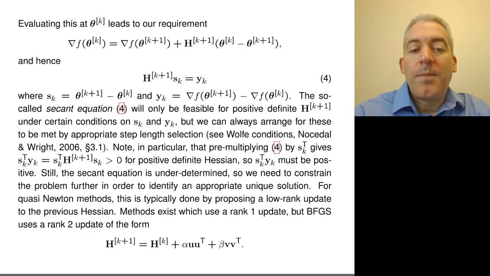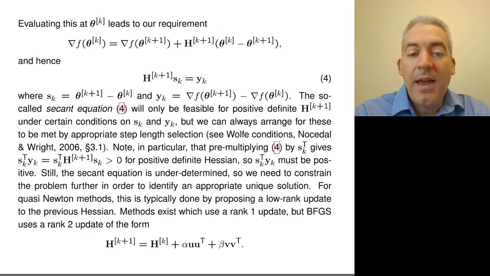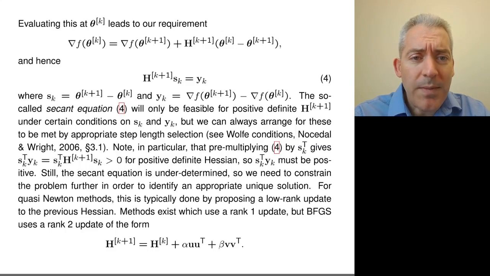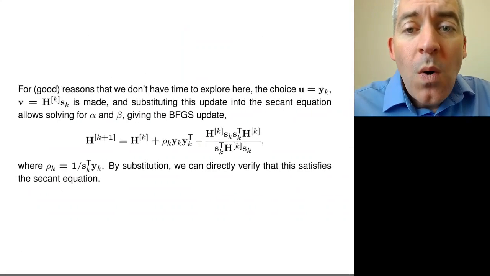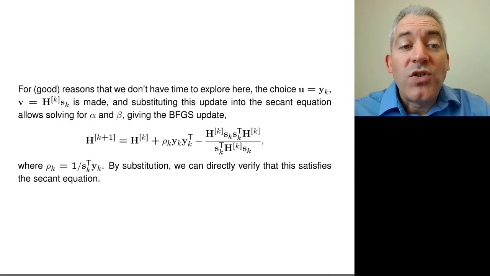We're going to take some weighting alpha of a vector u u transpose and some other weighting beta of a vector v v transpose, and we can choose the weights, and in principle we can also choose the vectors, but we don't have many vectors lying around. The obvious vectors lying around are s and y, so the obvious thing to do would be to plug in s and y, and we could do that, but it turns out to be a bit better to plug in y and H_k s.